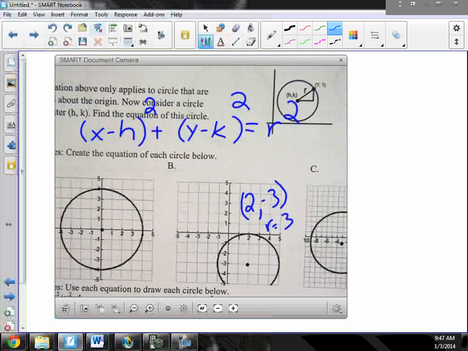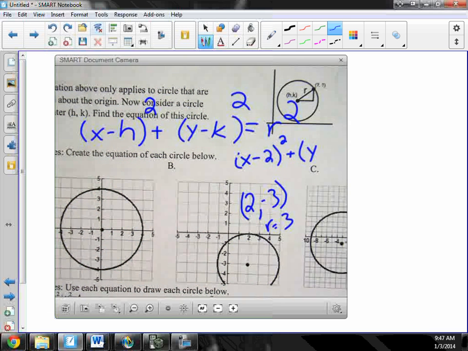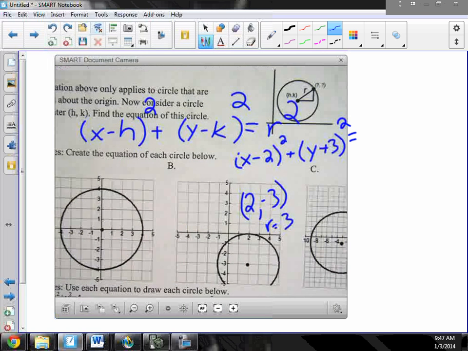So my formula is going to be x minus the x value, which is 2, squared, plus y minus negative 3, which is actually plus 3 squared equals 3.